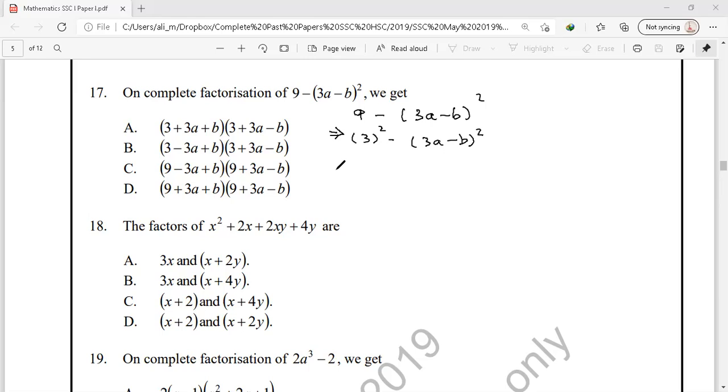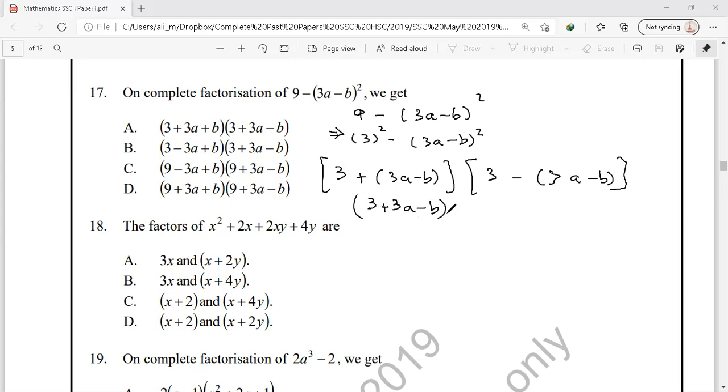After applying the difference of squares, we will get (3 plus (3a minus b)) and (3 minus (3a minus b)). So we simplify the terms, and this will become (3 plus 3a minus b) and (3 minus 3a plus b). So the correct answer for question number 17 is option B, in which we have the correct factorized form as we have solved here.